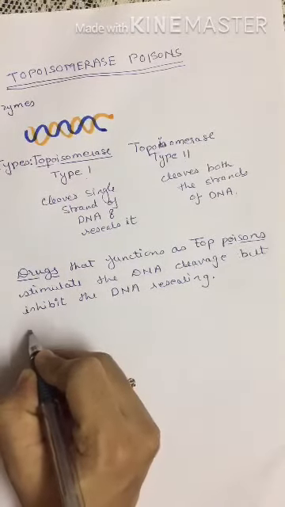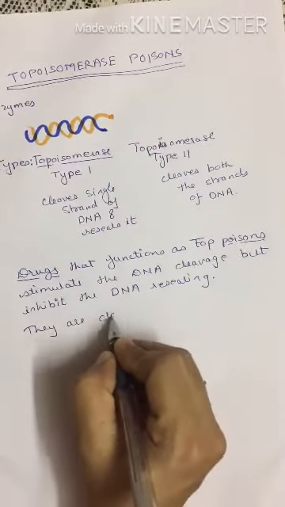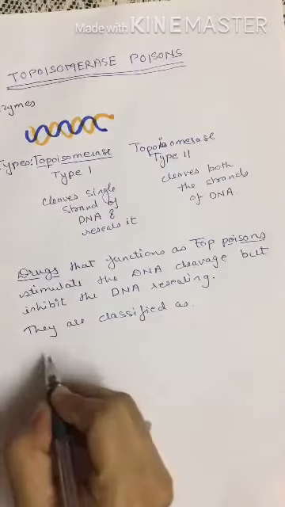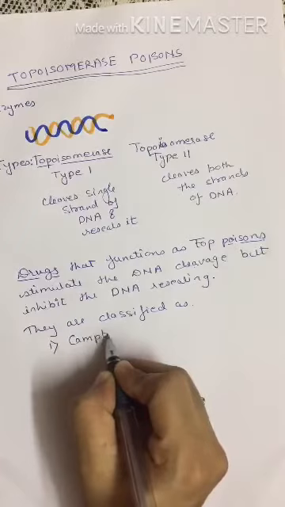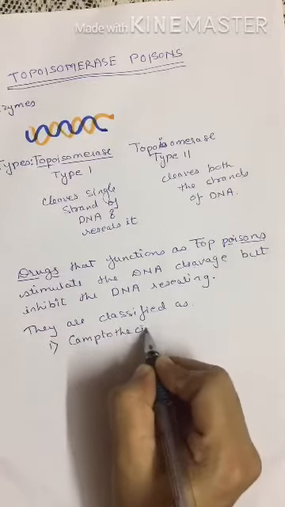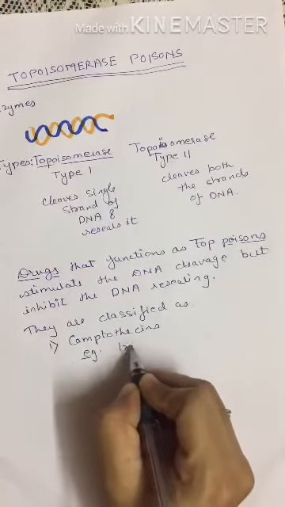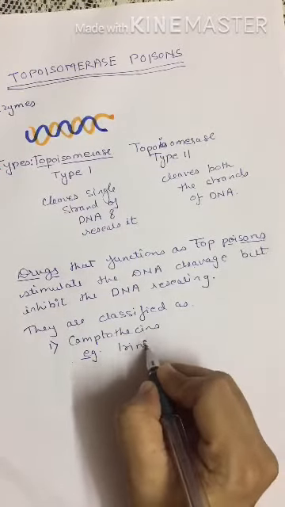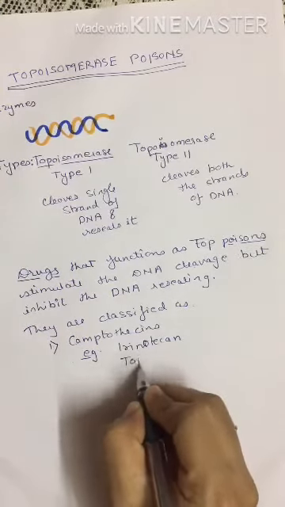They are classified as: first one, camptothecins. Examples of camptothecins are irinotecan and topotecan.